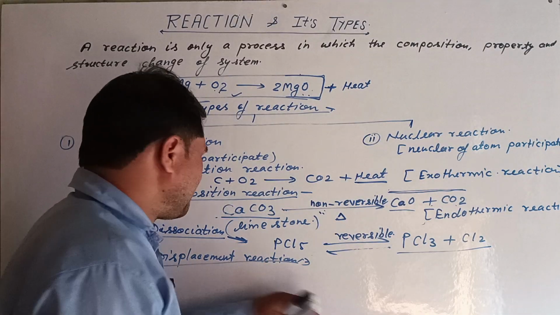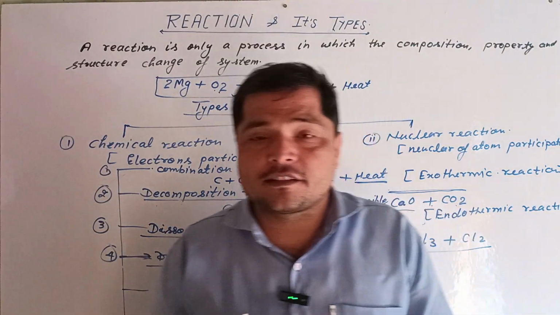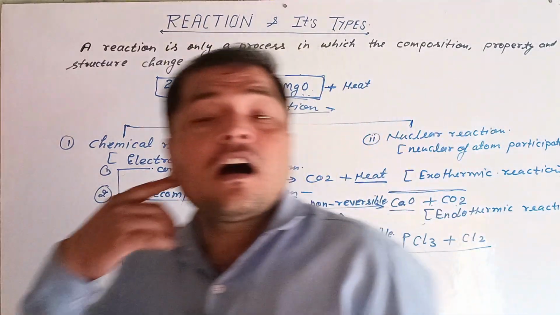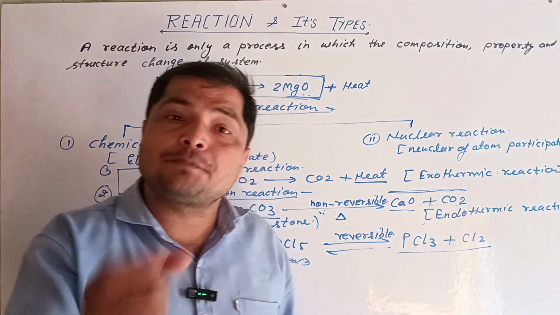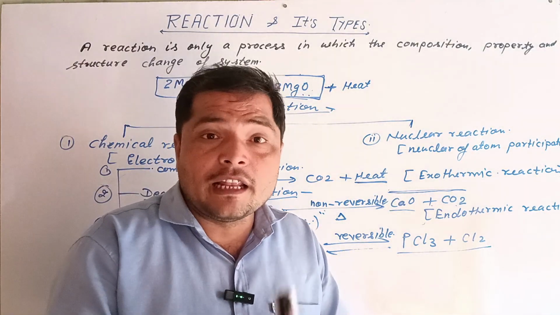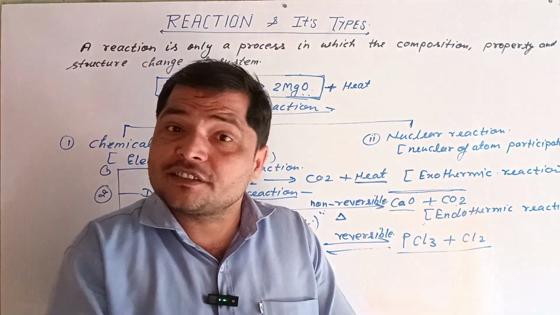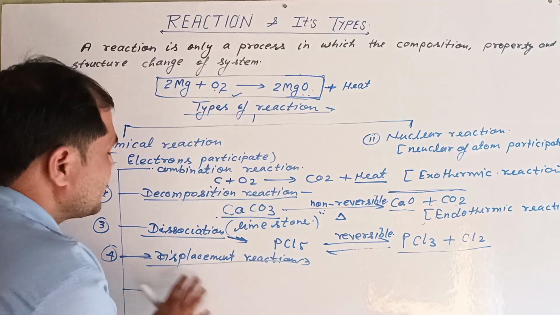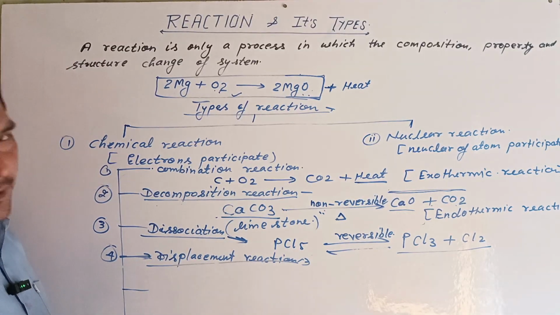What is a displacement reaction? In this type of reaction, the ions of reactants are displaced by another reactant. The reactant helps in changing the ions of the reactants. Such types of reaction are known as displacement reactions.